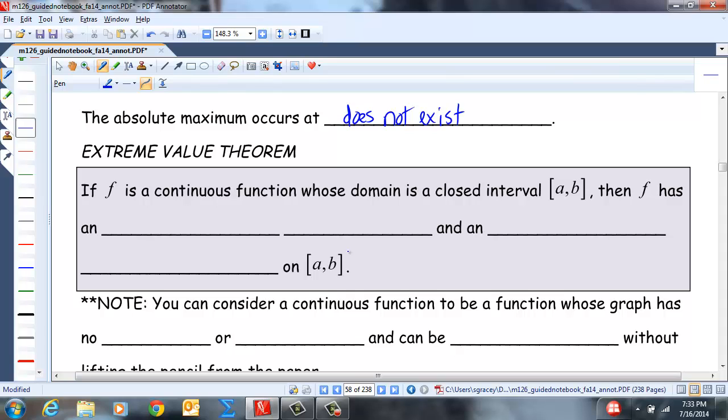So there's no vertical asymptotes or jumps or anything like that. So if you have a continuous function on this closed interval, then f has to have an absolute minimum and an absolute maximum.